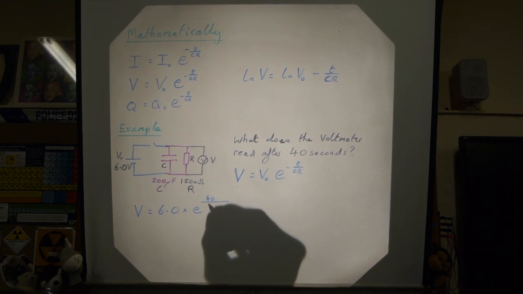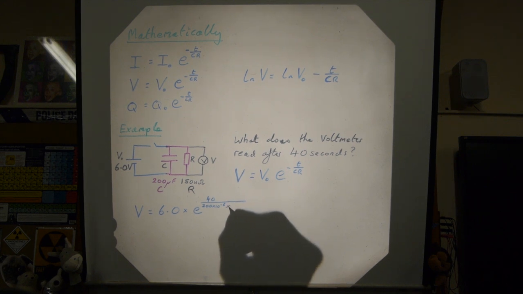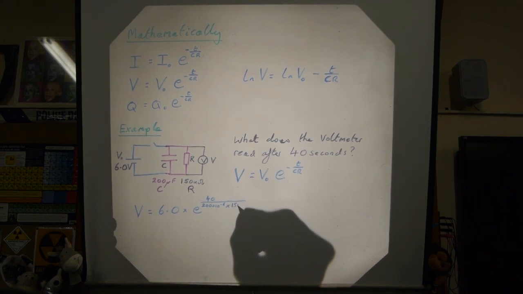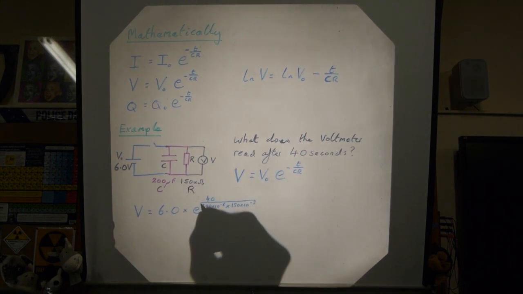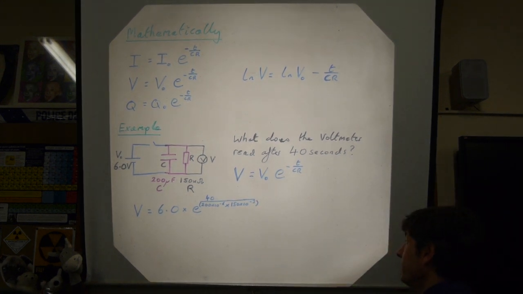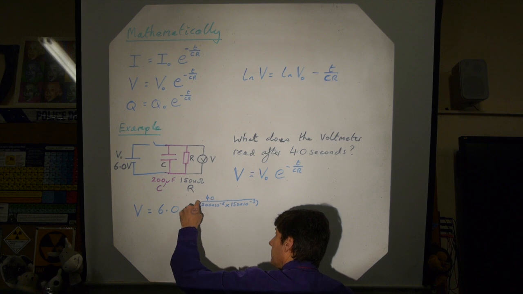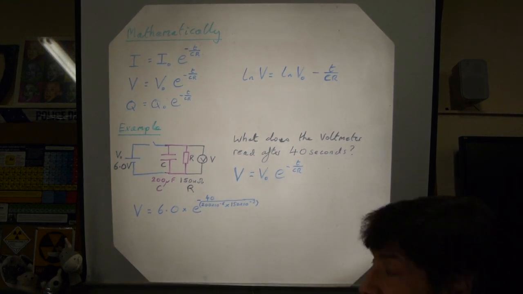Now, this is really important. C is 200 times 10 to the minus 6, multiplied by 150 times 10 to the 3. I'll just stick that in brackets, though I don't need to. Now, that's going to give the wrong answer. Exponential decay, so minus that value.